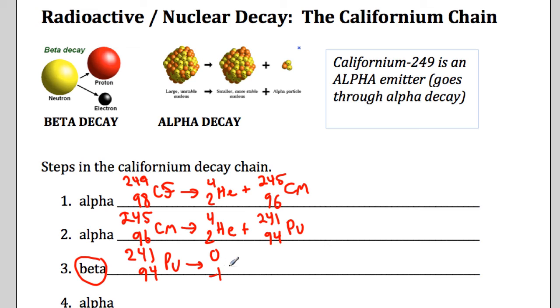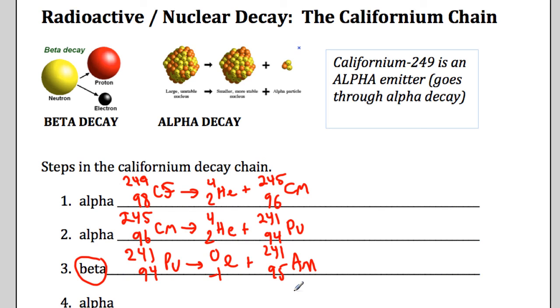The electron has no mass, and it has an atomic number of sort of -1 in this case, because what that really means is we have 1 more proton than we had before. 241, and this goes to 95, because we have 1 more proton now than we had before. The electron left and left behind a proton. And that is the element americium, which is also radioactive, and the chain will continue.